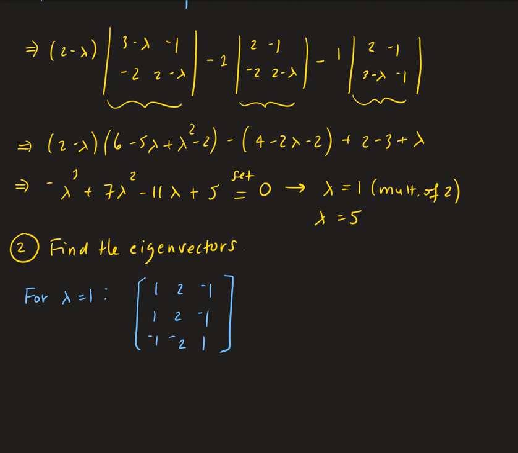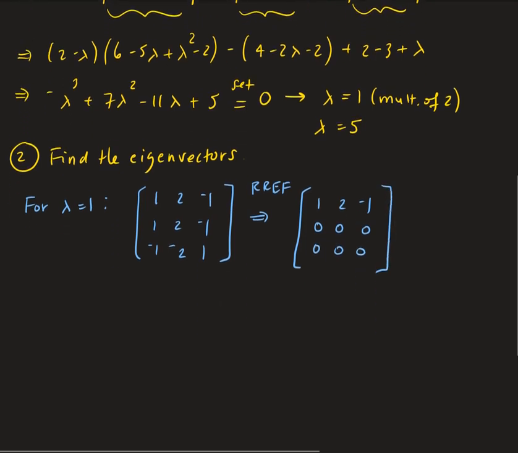Remember, this is the matrix corresponding to the homogeneous system. We're going to find the null space of this, so I'm going to go ahead and do the REF on this. This is going to give us 1, 2, negative 1, and then we have the row of zeros here.